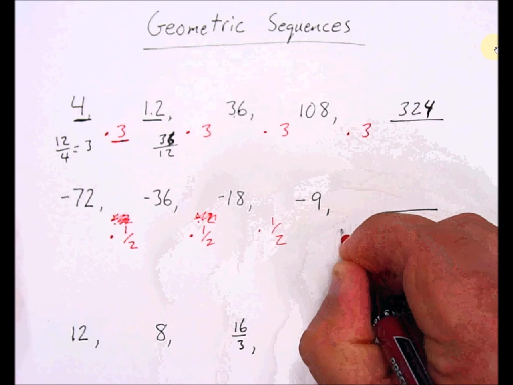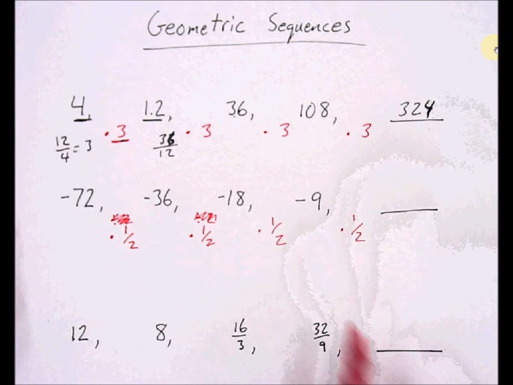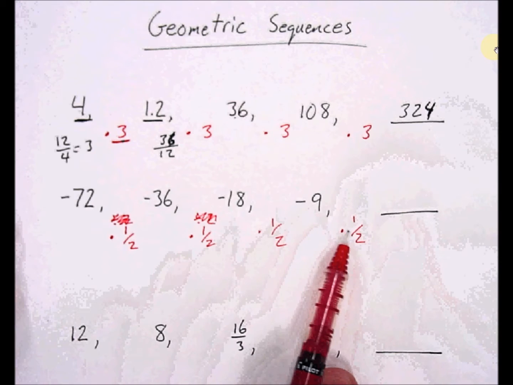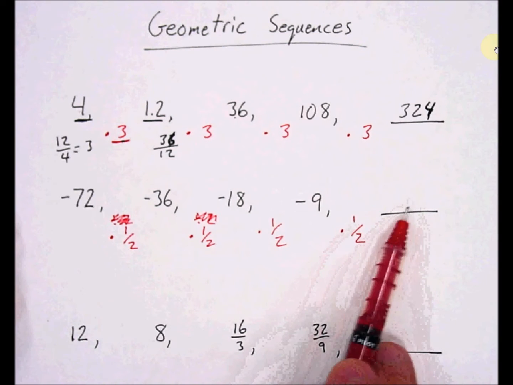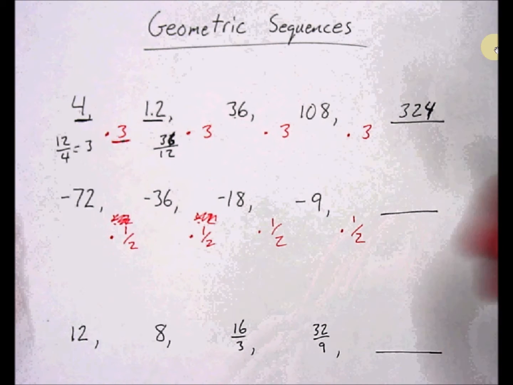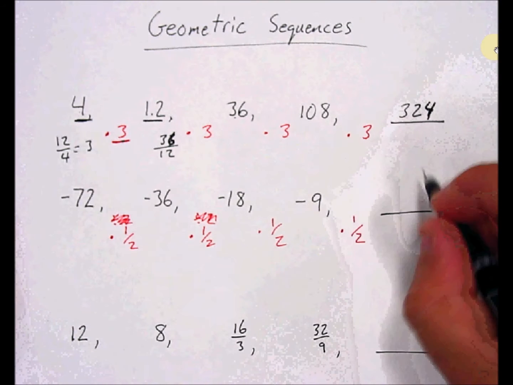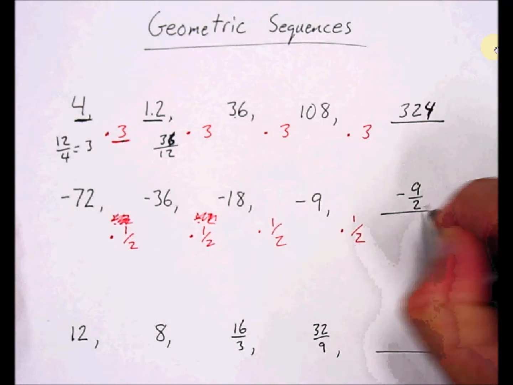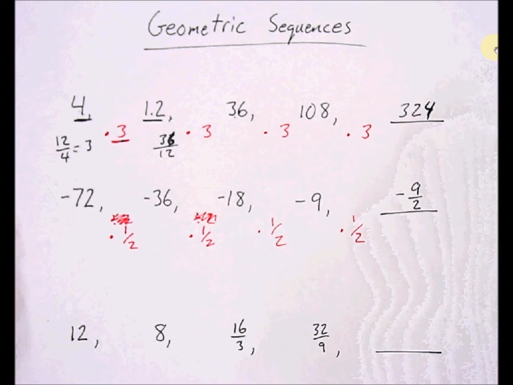If I go one more time, negative 9 times 1/2 is negative 4.5, but it's also okay to just keep it as a fraction. So I can say that this is negative 9 divided by 2. Okay, and that would be our next term in the sequence if we follow the pattern.